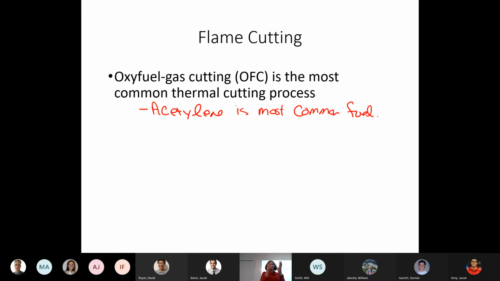The thickness of the flame or the torch is going to be the thickness of the cut. It can be by hand, or we can have it computer controlled. It is very useful for cutting steel, especially thick steel.